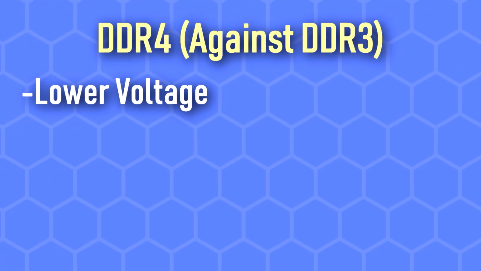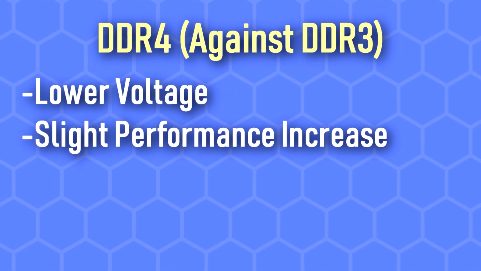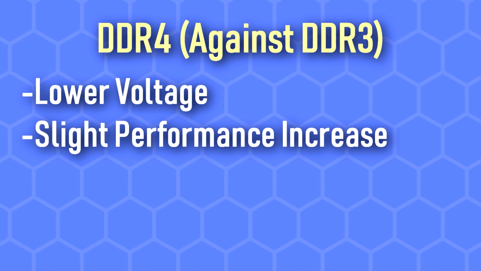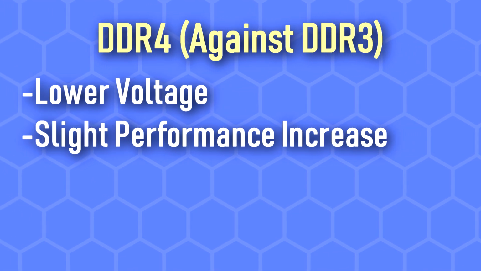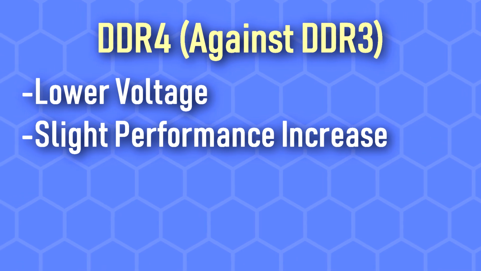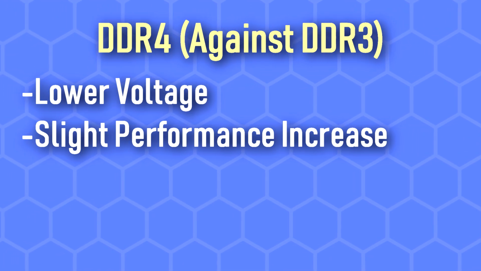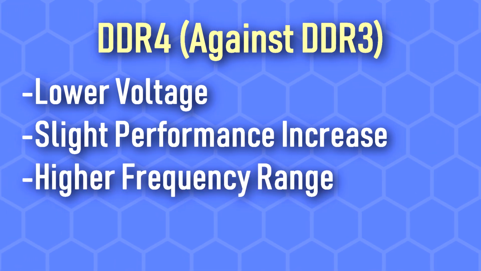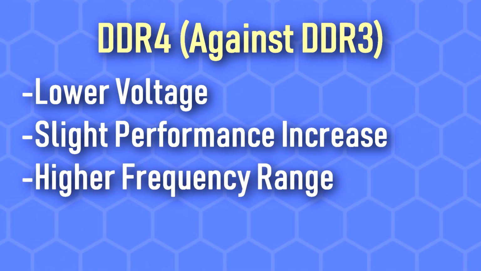In terms of raw performance, there is actually a bit of an increase between DDR4 and DDR3. However, it's pretty much like maybe a few frames at most. It's really not much.